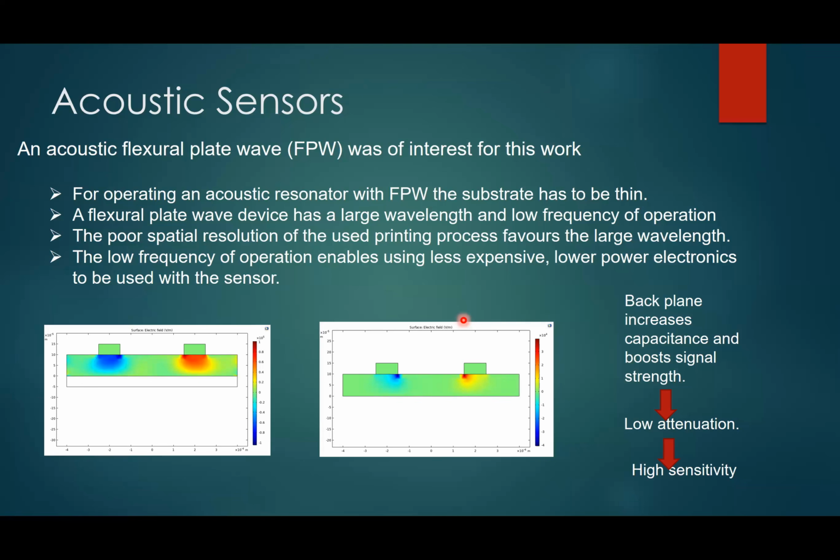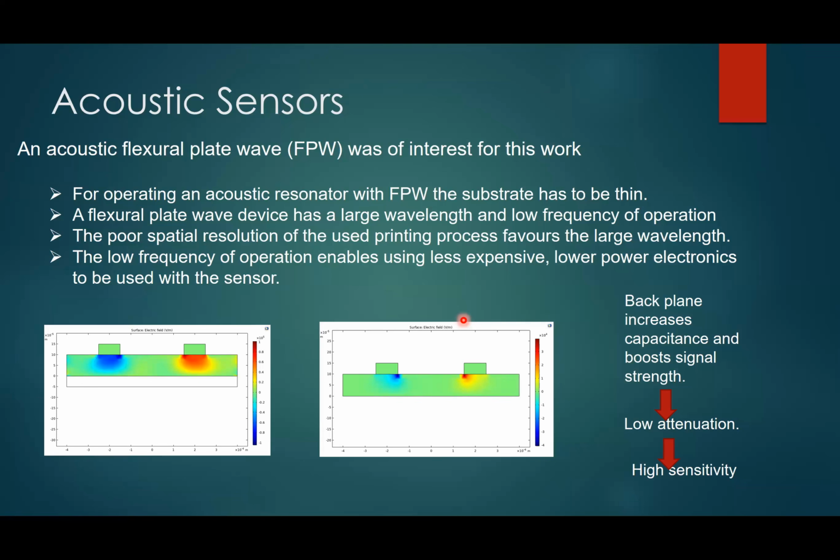So one thing we also found when we were designing our sensor is that normally in flexural plate wave mode, people don't put a ground plane. But if we have a conductive ground plane, our back plane, the back plane really boosts the signal strength of the sensor.